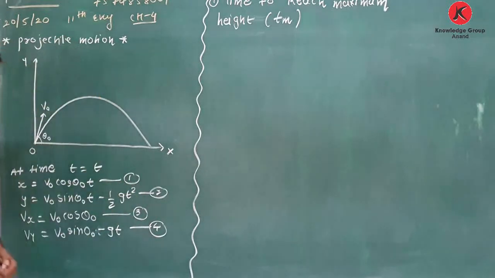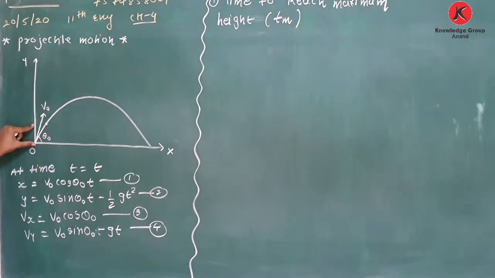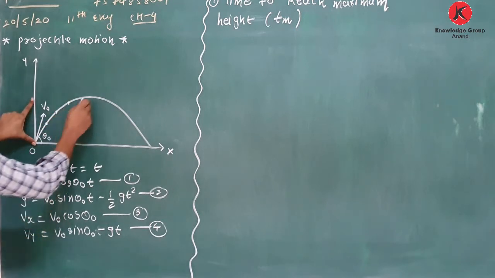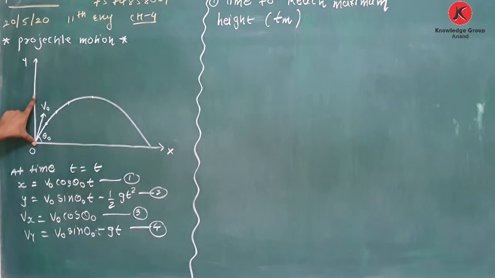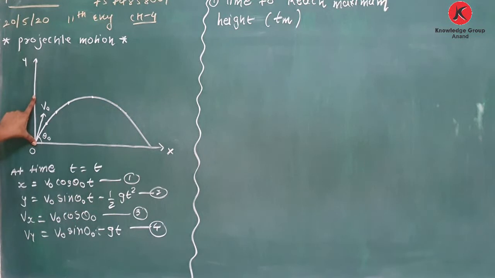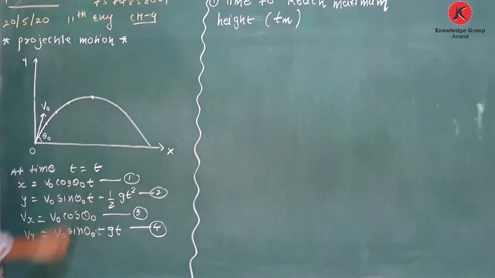Now, what is maximum height? If the particle is here, its height is 0. If the particle is here, its height increases, and after that its height decreases. So we can say this is the point having maximum height.